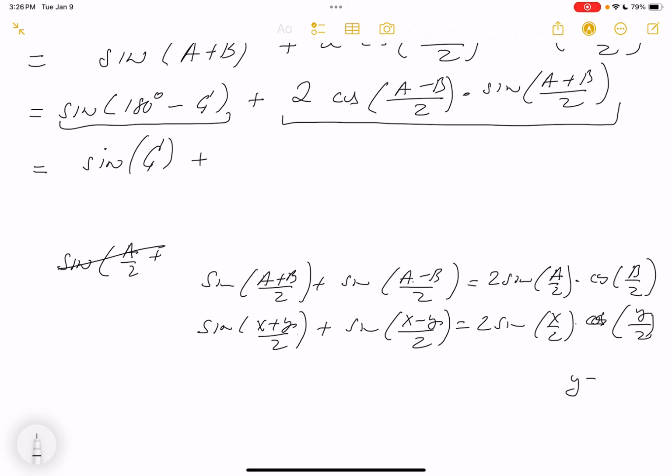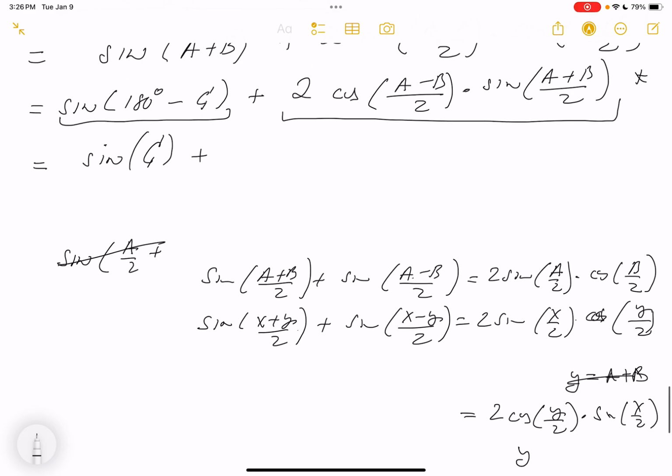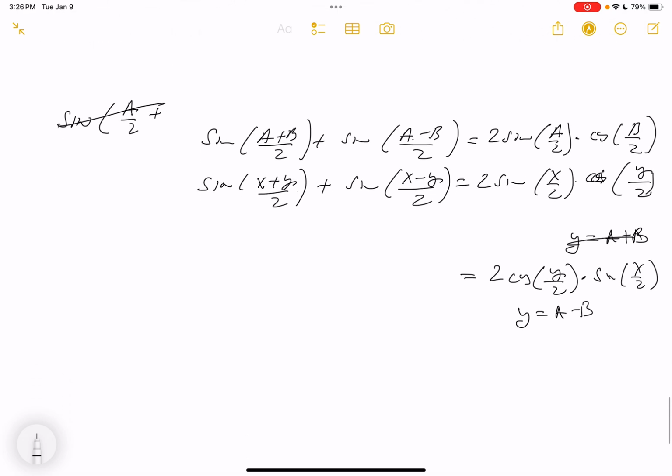All right? With the understanding that y equals A plus B, I'm looking at this thing up here to say that. I'm sorry, A minus B. Let me write it a little differently. 2 cosine y over 2 times a sine x over 2. And let's see what we get over there. What would the y equal? The y would be A minus B. What would the x equal to?